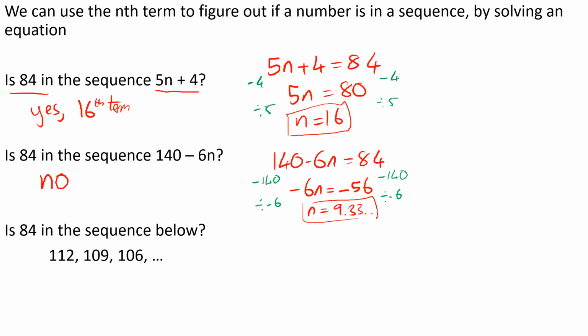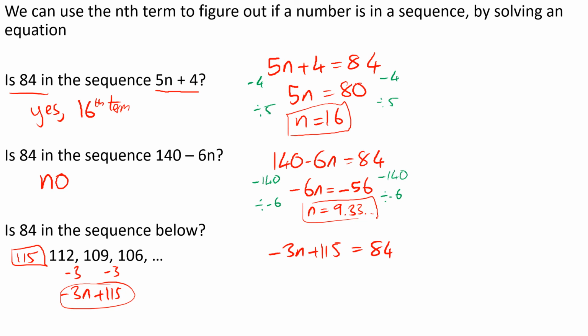Lastly, is 84 in this sequence? Now we could carry it on forever and see how it goes, or we could use this clever way we've got. But we'd need to find the nth term first, so the constant difference is minus 3. Zero term is 115. So this sequence is minus 3n plus 115. And then we need to do the same thing. Set that equal to 84.